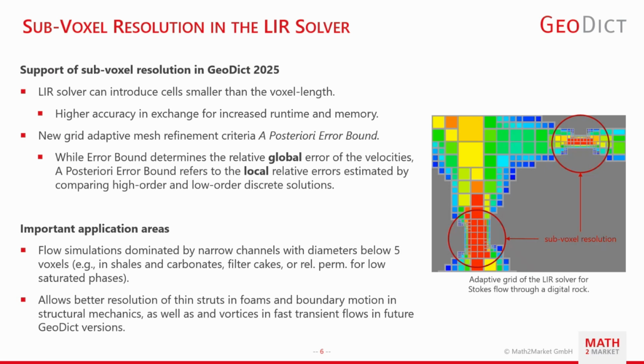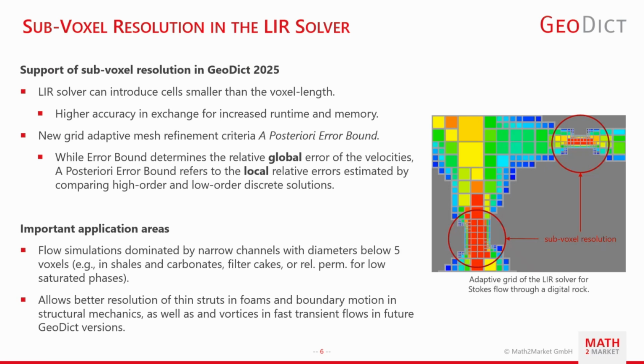So for each voxel, we use higher order polynomials to have a better approximation, and we compare it to the actual values. And if this differs more than a certain threshold, then the solver will introduce more cells.